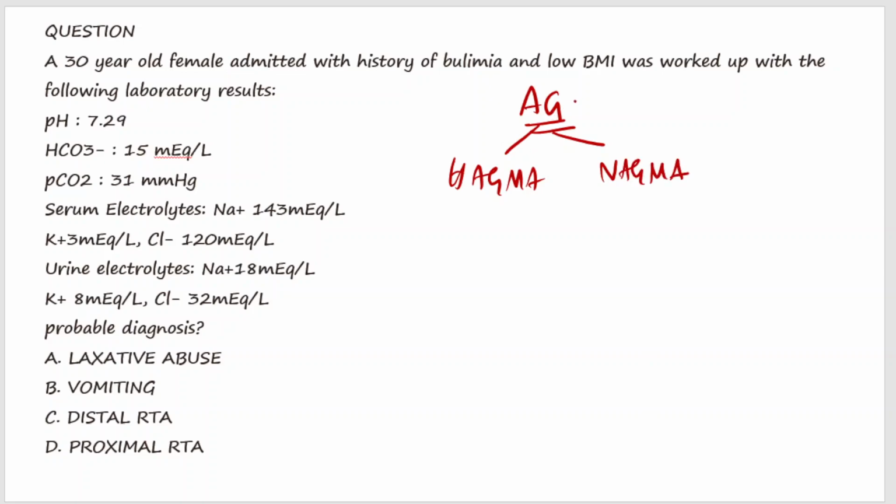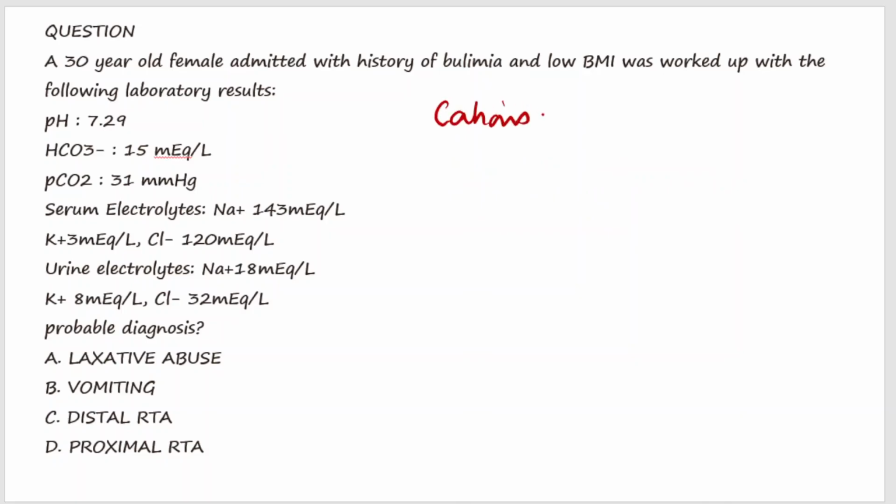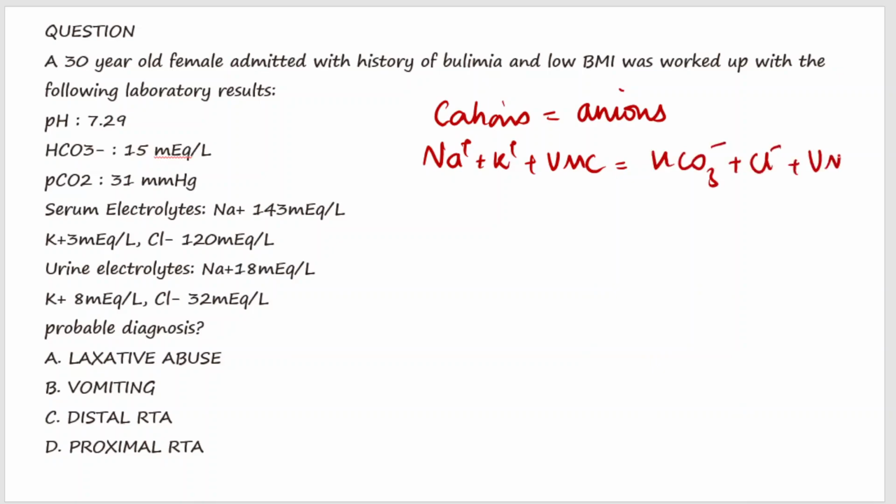Before calculating the anion gap, let's see what is anion gap. In a biological system, the sum of all cations would be equal to the sum of all anions. The major cations are sodium, potassium and unmeasured cations, which equal the major anions: bicarbonate plus chloride plus unmeasured anions.